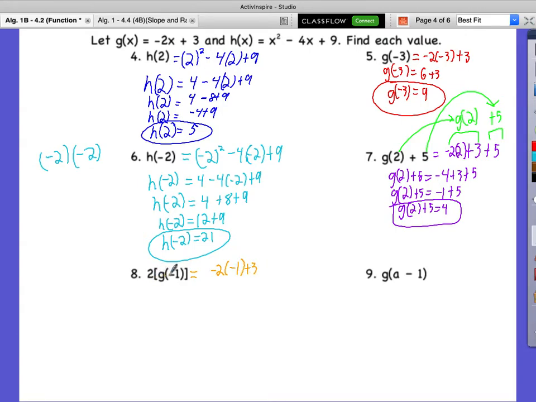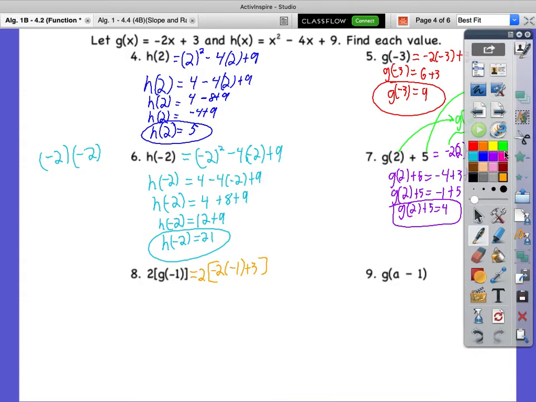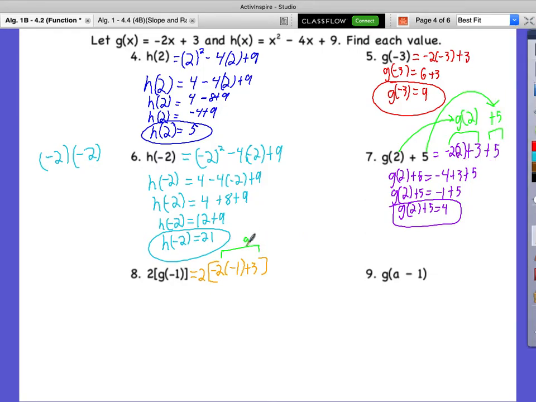What's this 2 doing with G of negative 1? It's multiplying. So we have to bracket the whole thing and multiply by 2. The green is our label: this is our G of negative 1, and this is the 2. So this is how we get 2 times G of negative 1. You take 2, and put the G of negative 1 in a bracket.